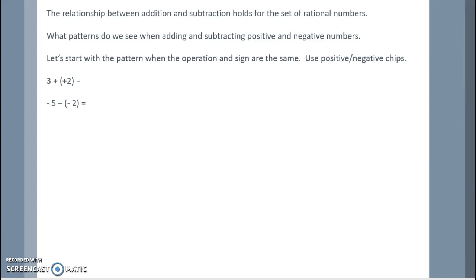The relationship between adding and subtracting holds for the set of rational numbers. What patterns do we see when we're adding and subtracting positive and negative numbers? Let's start with the pattern when the operation and the sign are the same. So let's use positive negative chips to show 3 plus a +2 and -5 minus a -2.